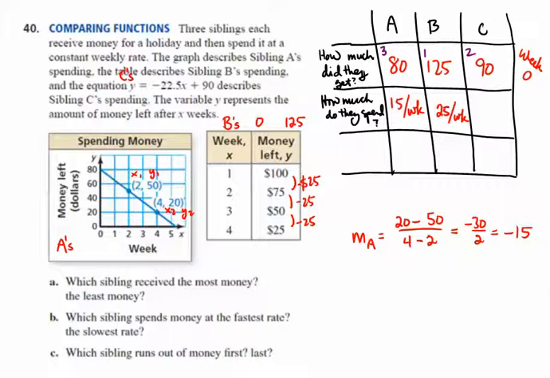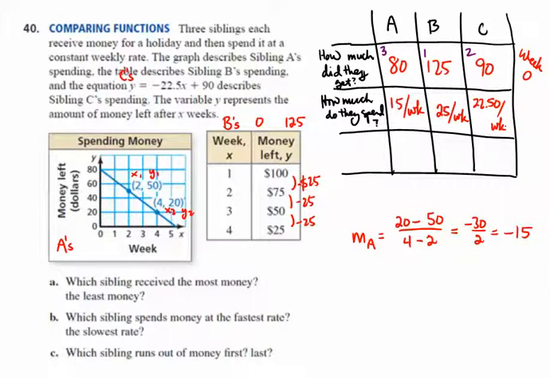So on that description, I'll write how much do they spend. A spends $15 a week, B spends $25 a week. Notice that those values are the slopes. So if we want to find out how much C spends, we just look at the slope, which is negative 22.5, and that means they're spending $22.50 per week.